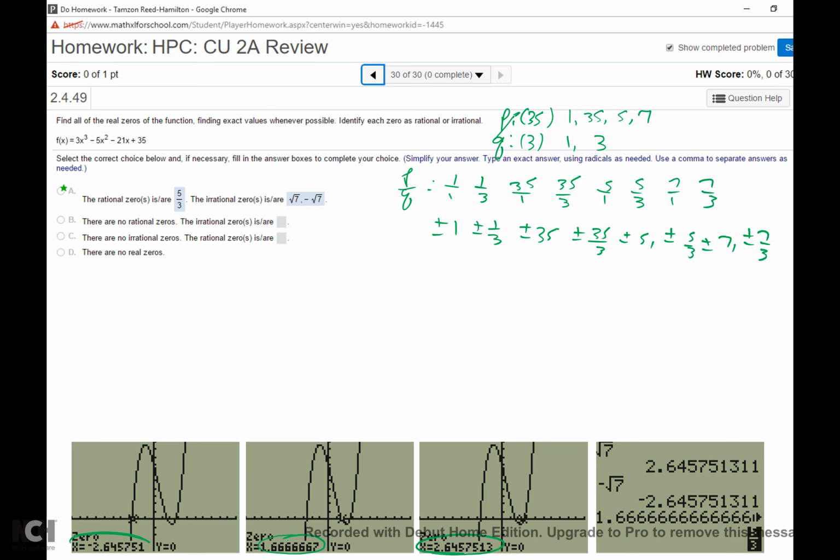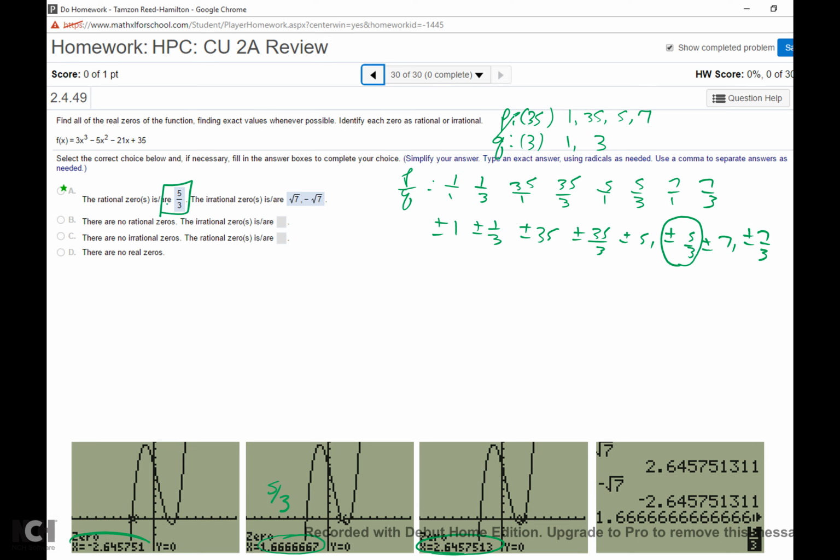If I type in 1.66666666666 all the way to the end of the screen where it starts going on the next line, just 6s, don't ever type the 7, and then hit math, enter, it will turn it into 5/3. This is actually 5/3. So out of all of these, the only rational zero is 5/3.